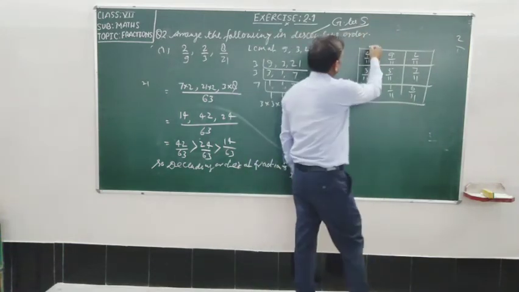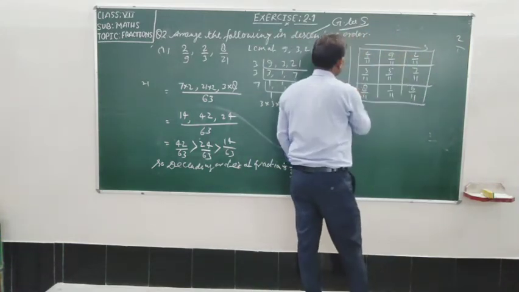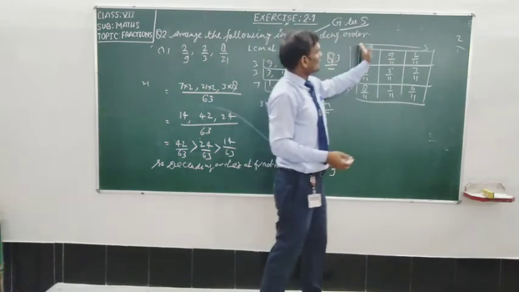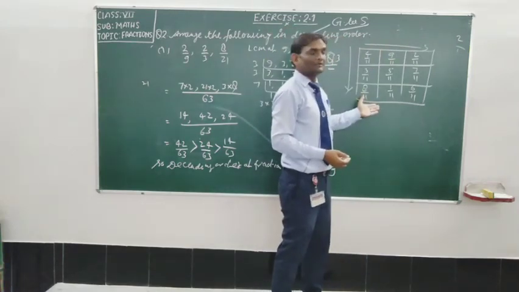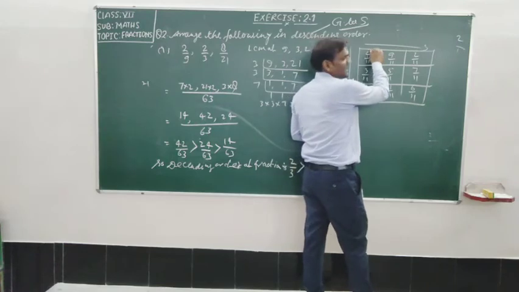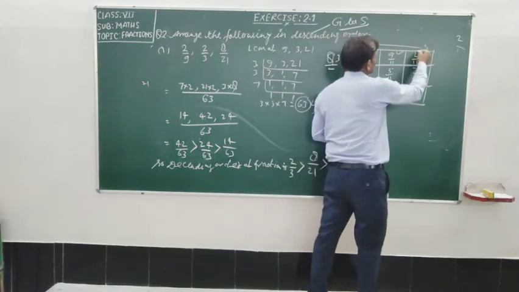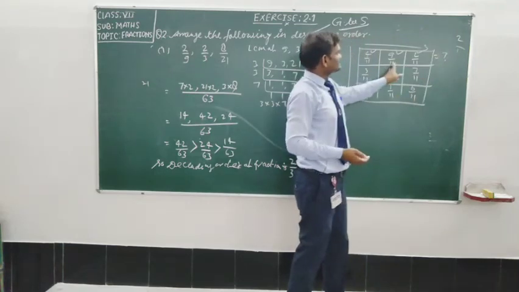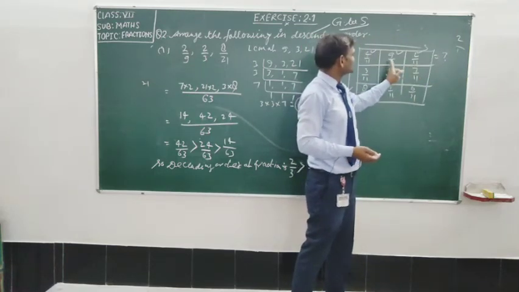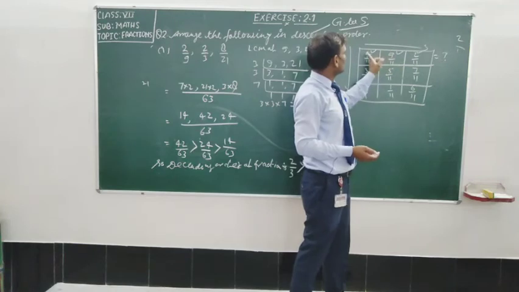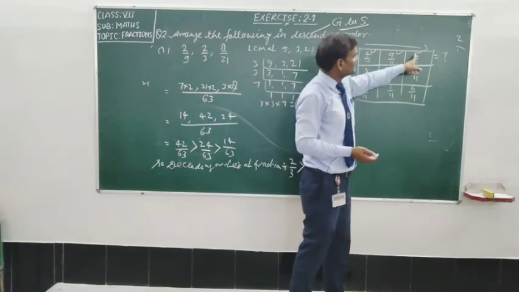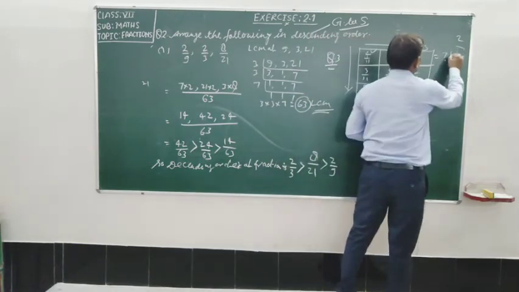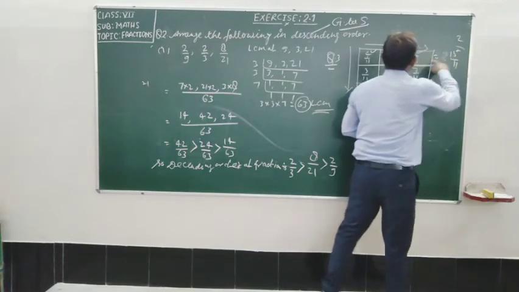So, student, this is a row and this is a column. So add this fraction and this fraction and write the answer here. Denominators are same, student. So 9, 4, 13, 13 to 15. 15 upon 11, means we get 15 upon 11.